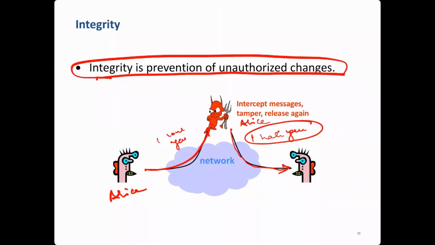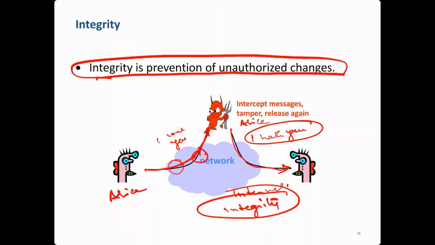Now the question is that, again, the internet does not guarantee integrity. Your message in between can be seen by anybody else, right? Your ISP, for example. This message is not going through only one router, it is going through multiple routers.